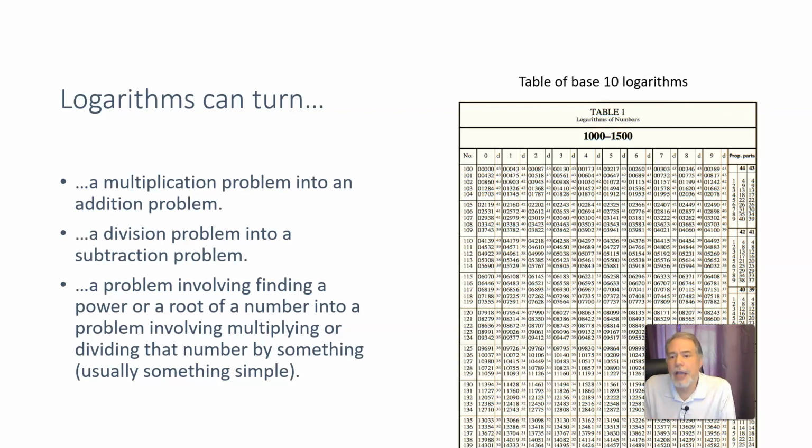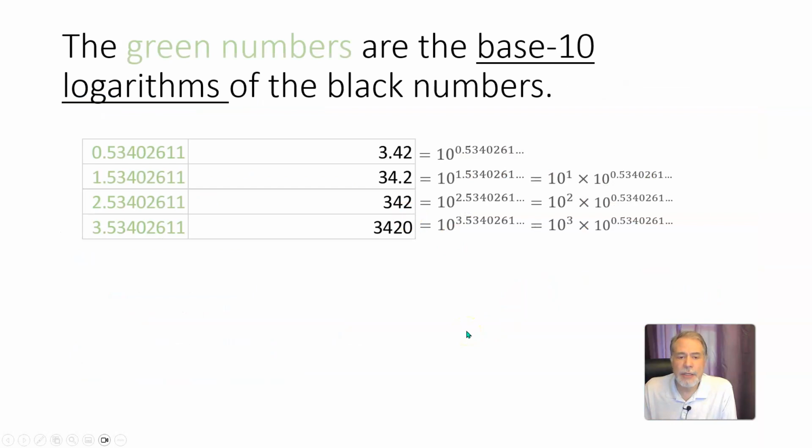And usually the kinds of tables that people would have used for this kind of work would be base 10 logarithms, because that lets you take advantage of the fact that the way we normally write numbers is in base 10, based on powers of 10. And the reason that's helpful is because we don't have to have separate entries in our table for numbers like 3.42, 34.2, 342, and 3,420, because they're all closely related to one another.